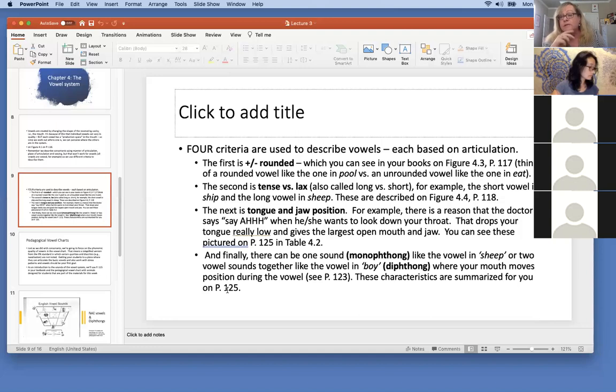Okay, the next one is tongue and jaw position, and this is where you drop low or go high. So this is what we did when we did the difference between something like E, where your mouth is quite tense, and ah, where you completely drop your jaw. This is often a problem, by the way. Sometimes learners don't drop their jaws enough for those low back vowels, and that can be a real problem for intelligibility.